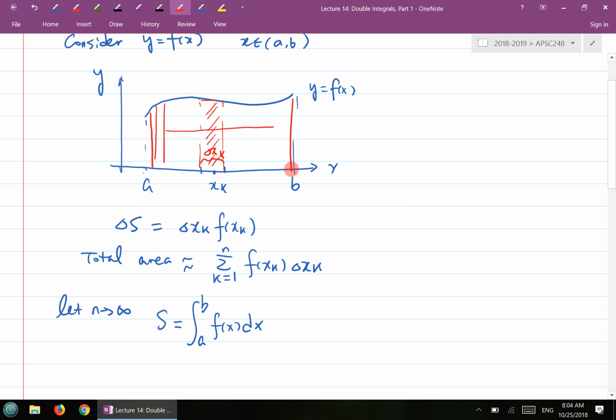It's like you're sweeping across this range a to b. The idea of integration is that your sweeping has to cover every corner, every area of this location here.